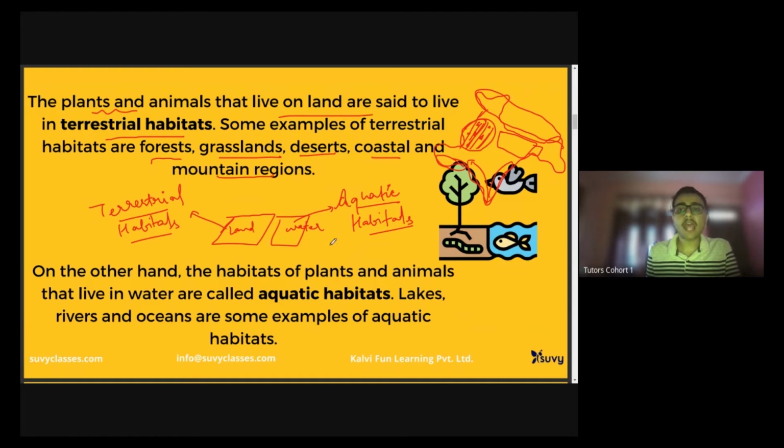If I talk about animals living in water, for example, fishes, right? Fishes live in water. Not just fishes, we have aquatic plants. So in aquatic habitats, we have both animals and plants, and if they live in water, their habitat can be called an aquatic habitat. Can you give some examples of aquatic habitats?